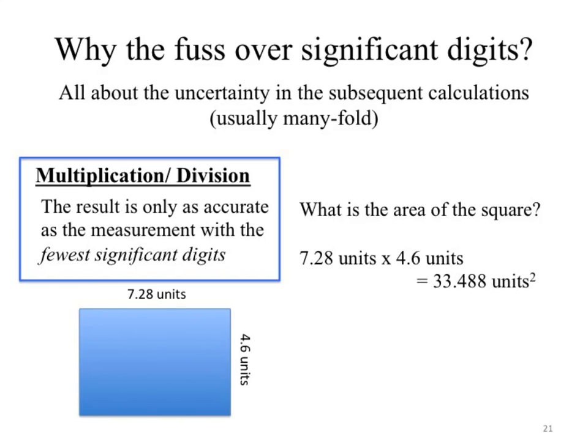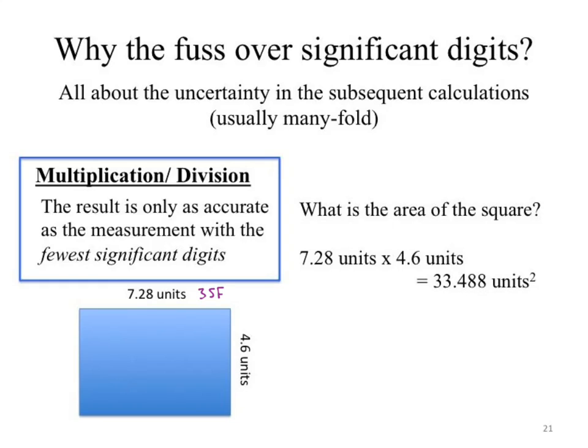What's the correct answer? So according to multiplication and division, our result is only as accurate as the measurement with the fewest sig figs. How many sig figs in 7.28? 3 sig figs.